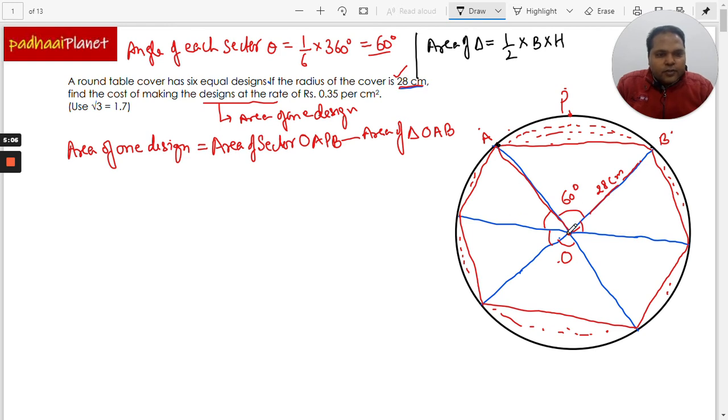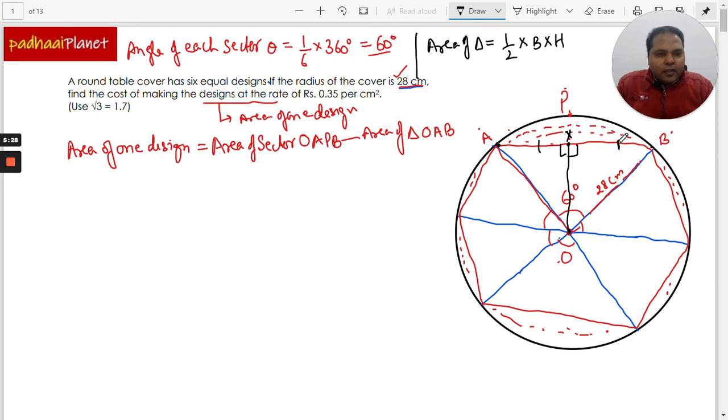So first step is that we drop a perpendicular from center O onto the chord AB, and suppose this is point X. Then that means AX will be equal to BX.